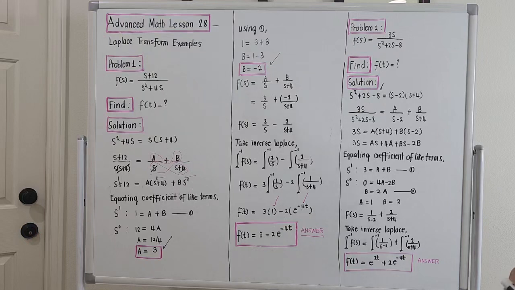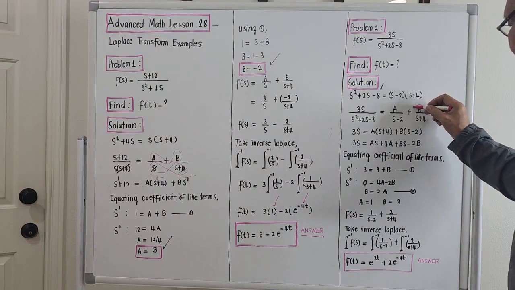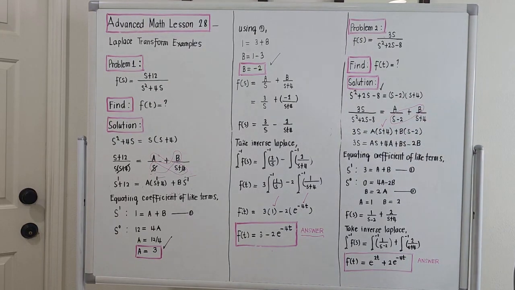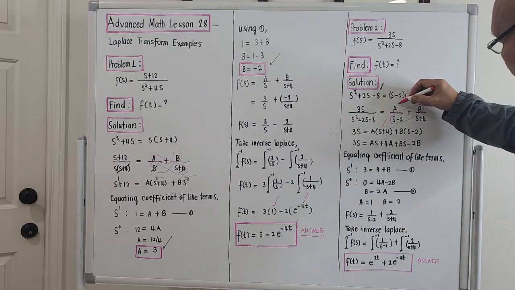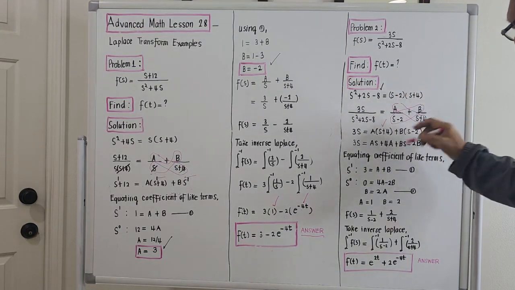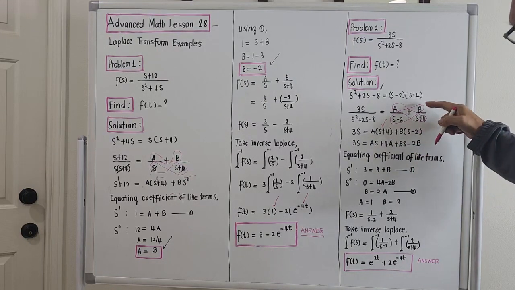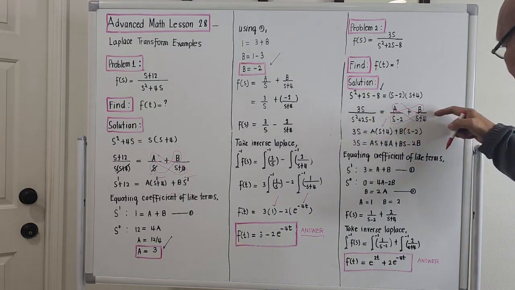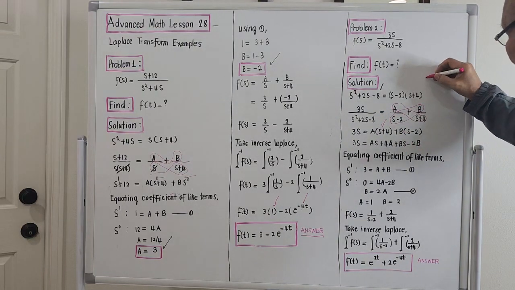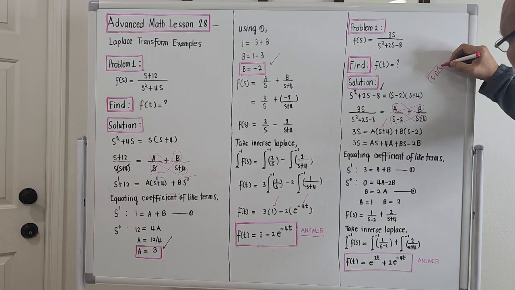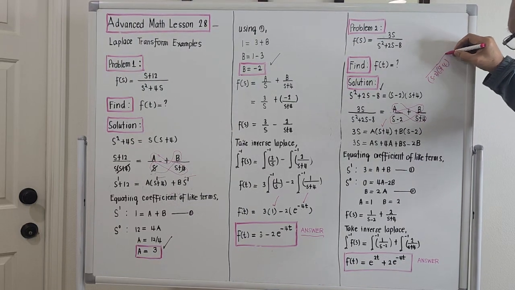Again, using the rule of Mr. Bean, you cross multiply. A times (s plus 4) will be this. The product of B times (s minus 2) is the second one. All over the common denominator, which is (s minus 2) times (s plus 4).